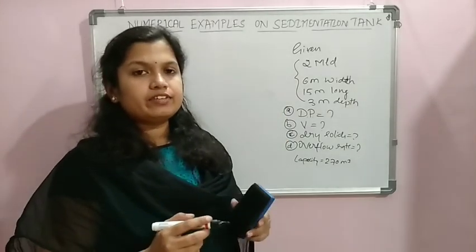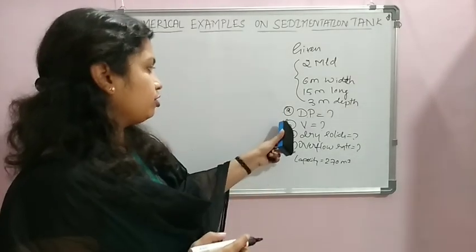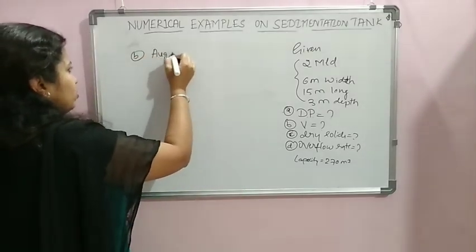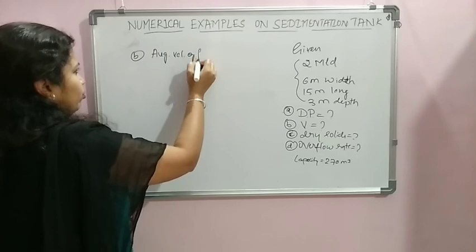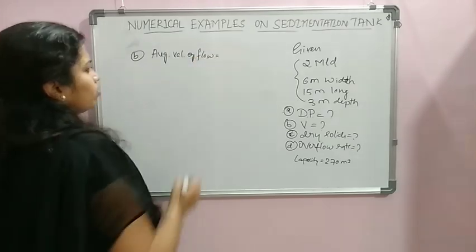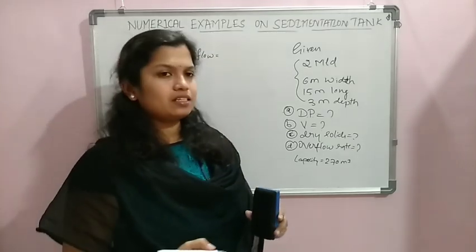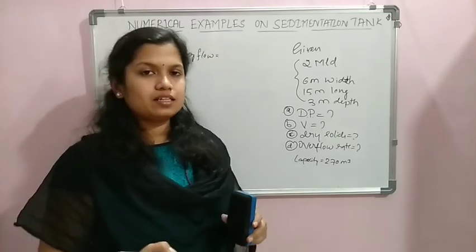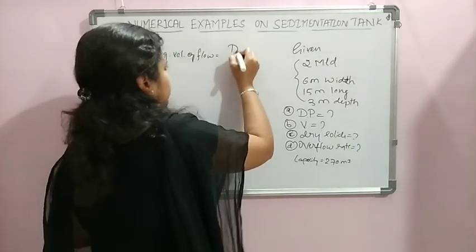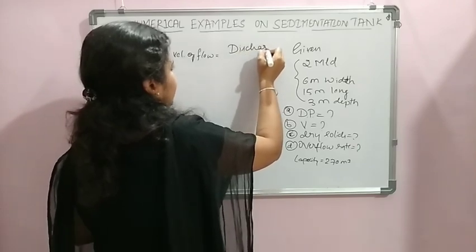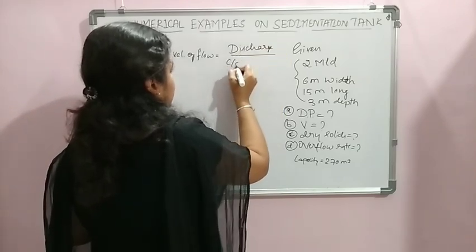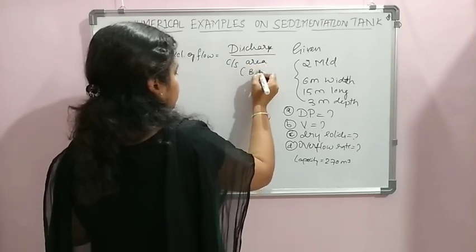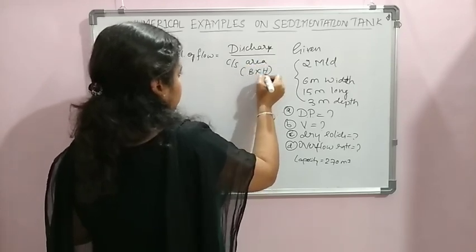The second thing is we need to find out the average velocity of the flow. In order to find the average velocity of a flow, we have a formula, discharge divided by cross sectional area in terms of the breadth into depth.